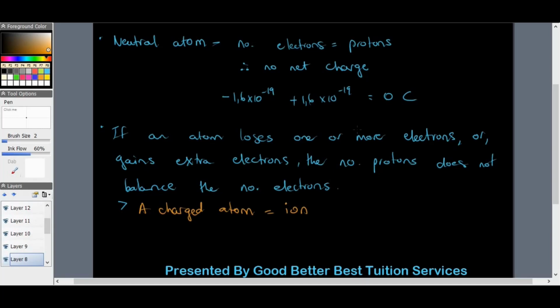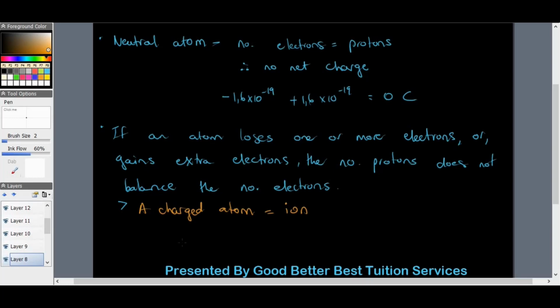Just to say that point again, an atom can lose electrons, it can lose one, it can lose more than one, it can also gain. Doesn't matter what it does, there will be an imbalance of protons versus electrons. The atom will therefore appear charged, and a charged atom is called an ion and no longer an atom.